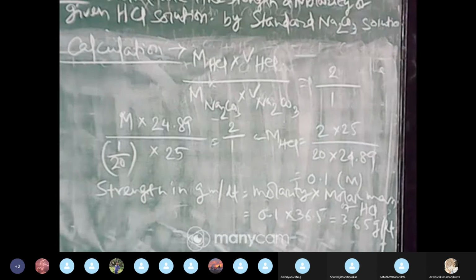If you can write another experiment, it will be number 3: prepare a 250 ml M by 20 sodium carbonate solution as a practical. Just like the previous, you will write it as you have written for the oxalic acid.